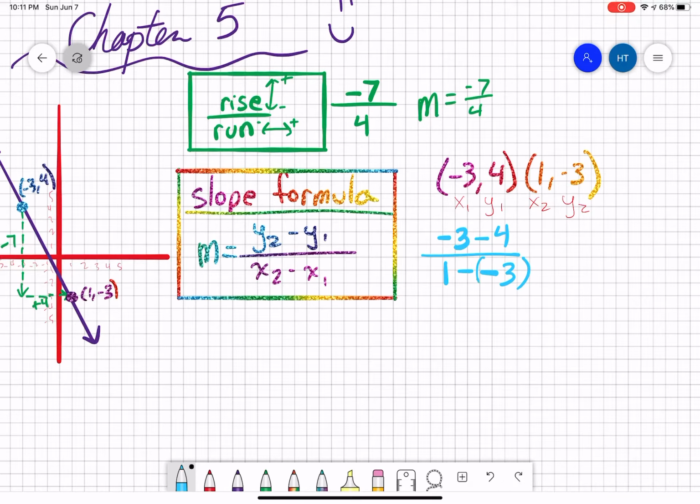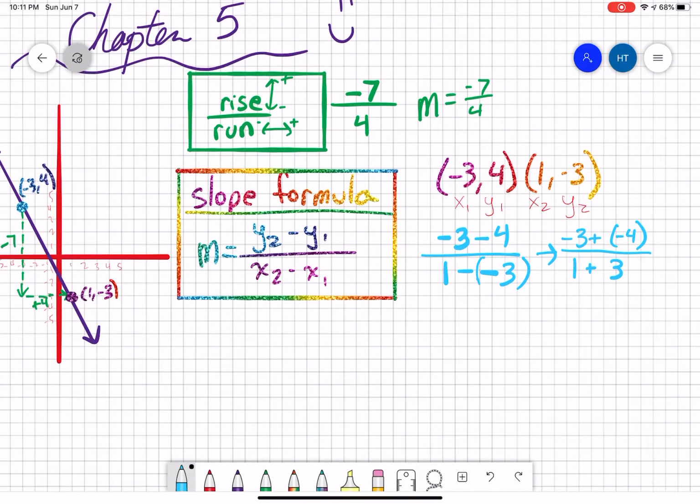So sometimes we tend to forget that it's a double negative in that case. I don't want to forget my integer rule, so I'm going to write this again using KCO or the boom boom rule. -3 plus -4 is in the numerator, and 1 plus 3 is in the denominator.